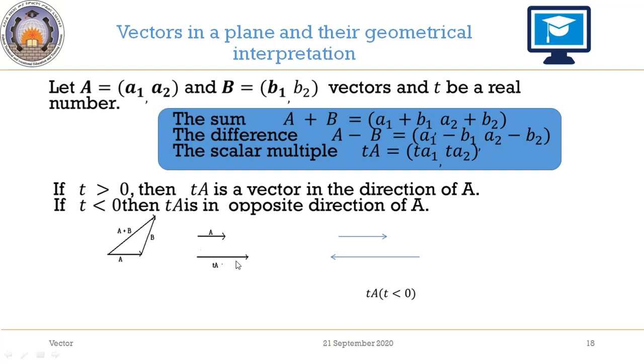If t has a positive value, vector A and vector tA are in the same direction. When t is a negative value, vector A and vector tA are in opposite directions, one opposite to the other.